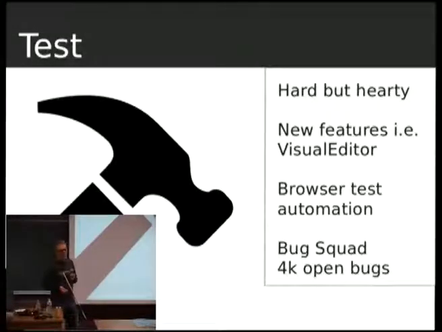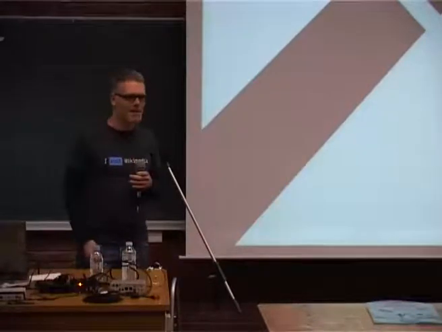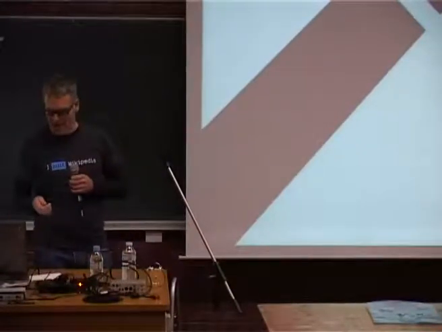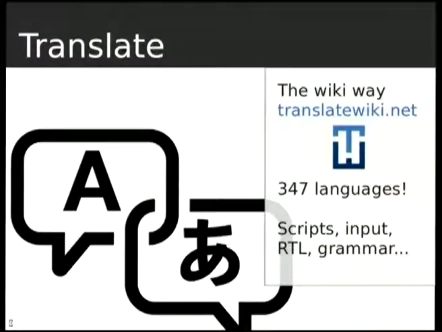Not all of them are for English Wikipedia, but we have plenty of bugs, fresh, old, for everybody. So just join in, search one that you like, look around, help testing it, help fixing it. Really appreciate it. You can also get involved in translation. So not only in one language, but in 347 languages. Think of it, 347 languages. What piece of software you know that gets close to this number?